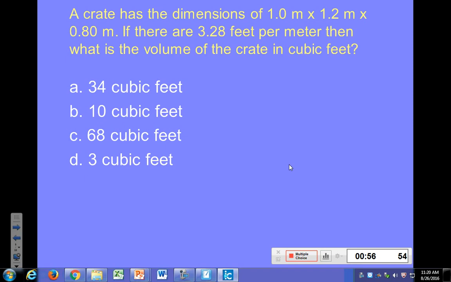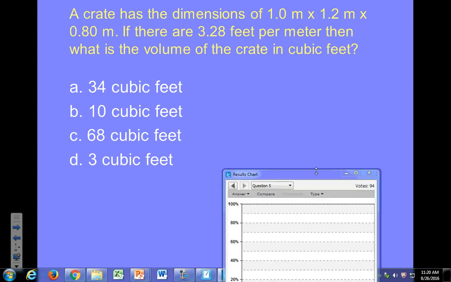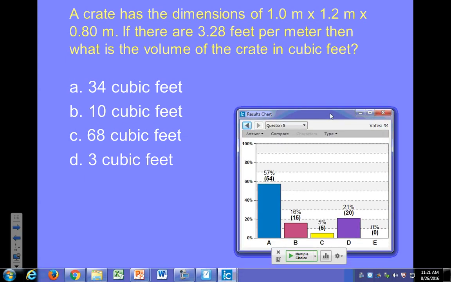Check your answer with your neighbor. All right, we'll stop at 120. 120, that's 5 more seconds. All right, A is right.